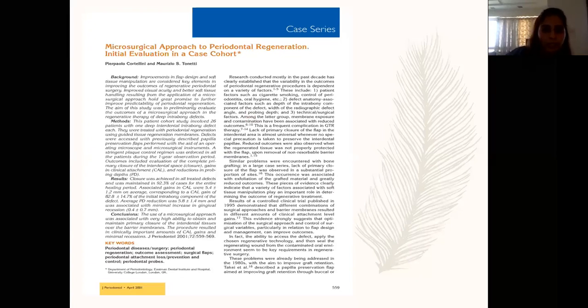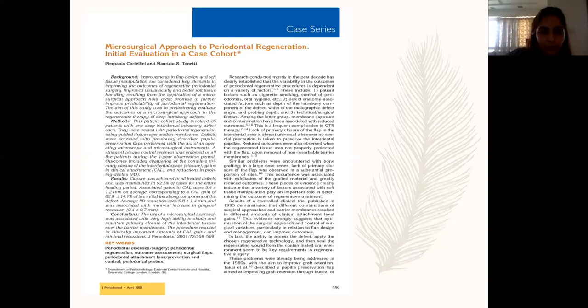I took up this paper because it has a good sample size. The finding was that use of the microsurgical approach was associated with a high ability to obtain primary closure of the tissues over barrier membranes. Especially in regenerative procedures, this holds promise.